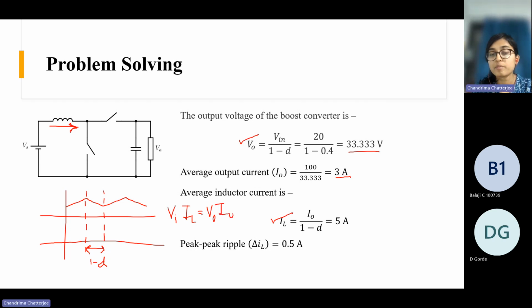So IL is V out by V in into I out, and V out by V in we know is 1 by 1 minus D. So IL would be I naught by 1 minus D, that is 5 ampere. And peak to peak ripple is 10% of average inductor current, so 0.5 ampere.